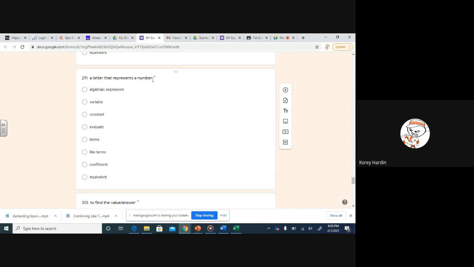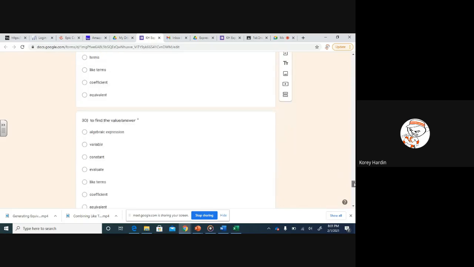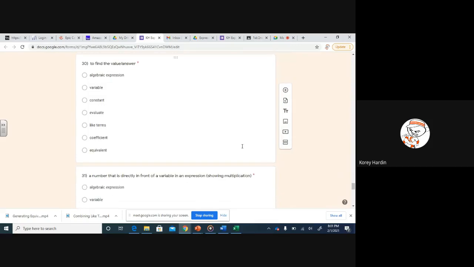Number 29. A letter that represents a number. Algebraic expression, variable, constant, evaluate, terms, like terms, coefficient, or equivalent. Number 30, to find the value or answer.